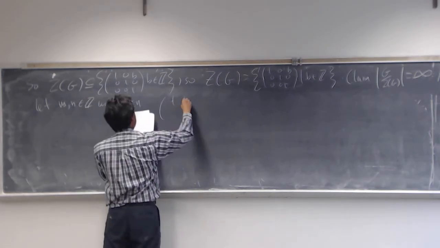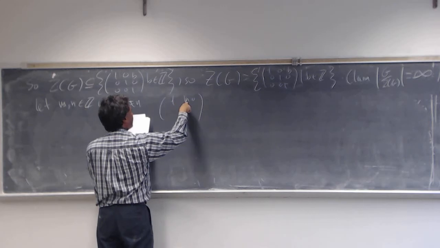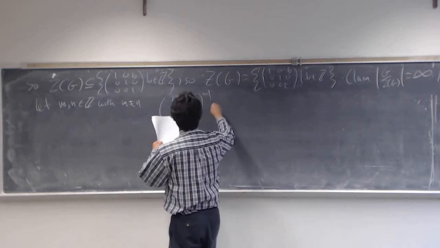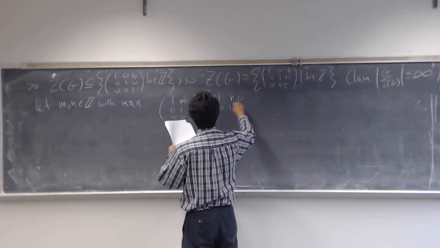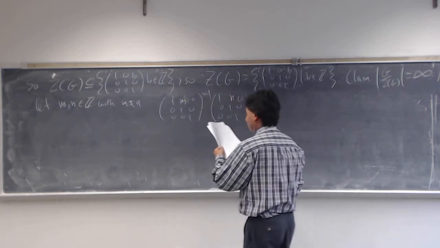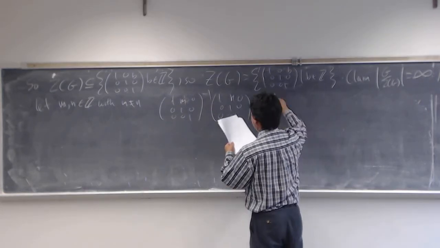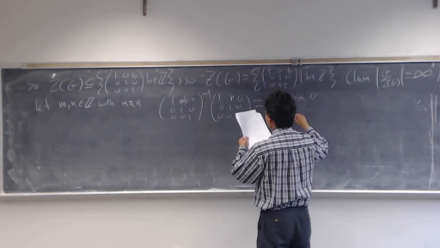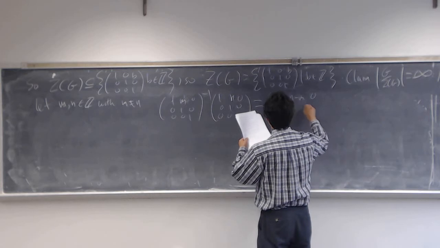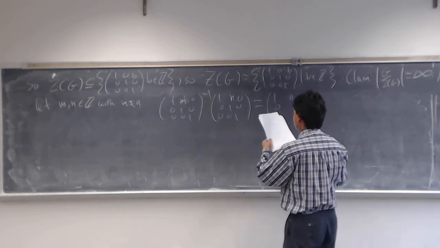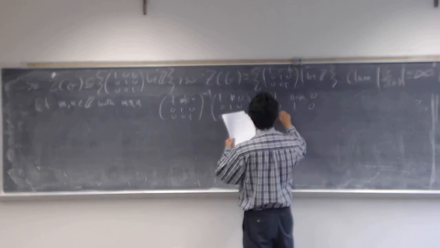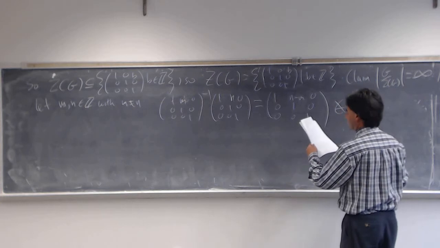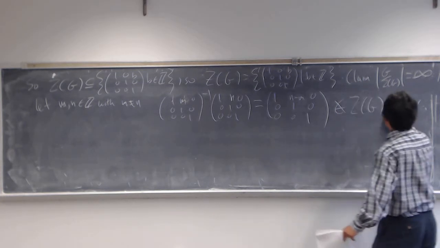Then if one looks at this calculation, 0, 1, m, 0, 0, 0, 1, 0, 0, 1, the inverse of that times the other representative, if we go through this calculation, I get that, and this is not an element of the center.